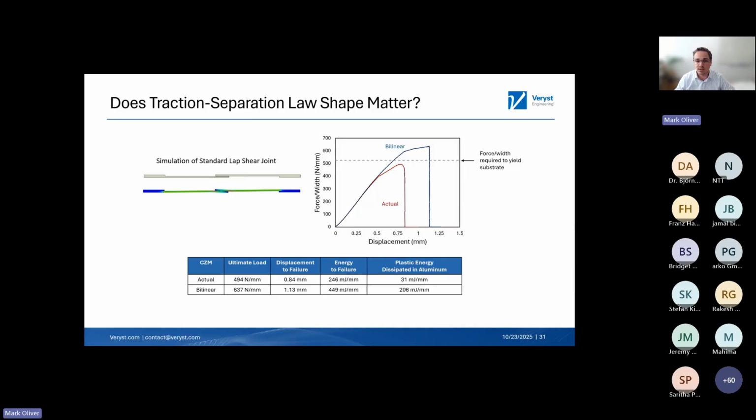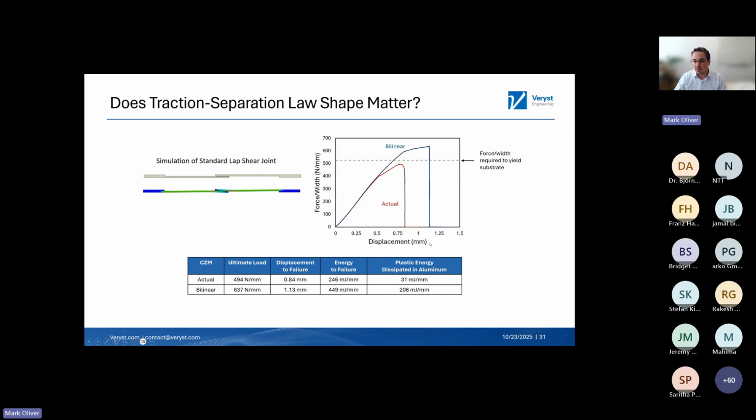So if you use the bilinear model, we're predicting that you get well beyond the force that's required to yield the substrate. And so you get up to these higher loads where you're now dissipating energy by plastically deforming the substrates.